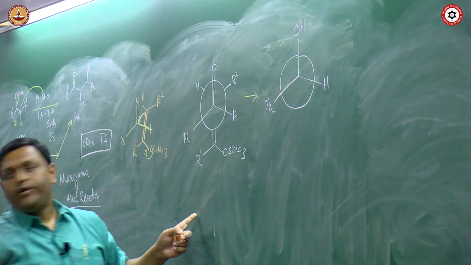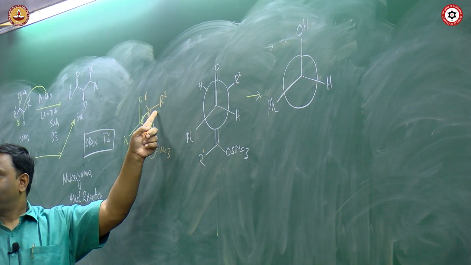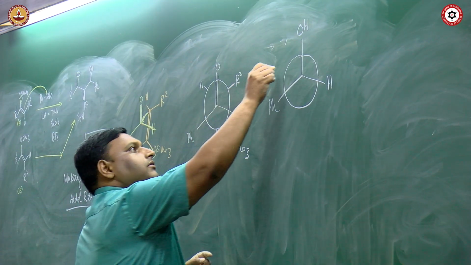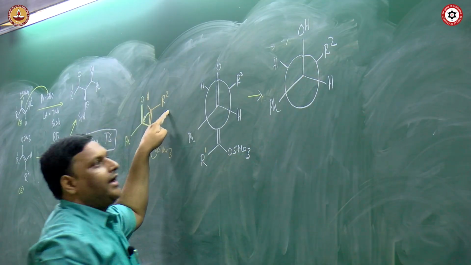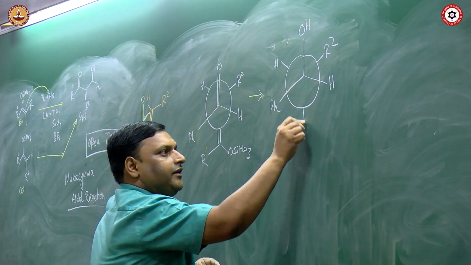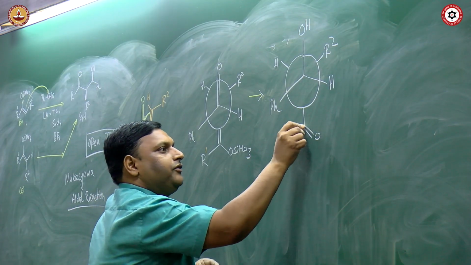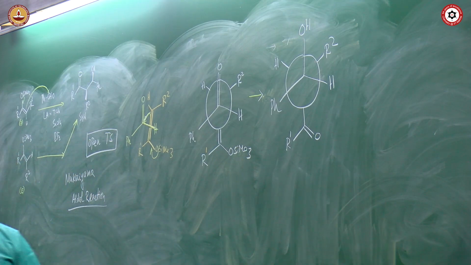This hydrogen and this R2 will be as they are, and then this becomes a single bond, having a carbonyl and the R1. That is what we will get.